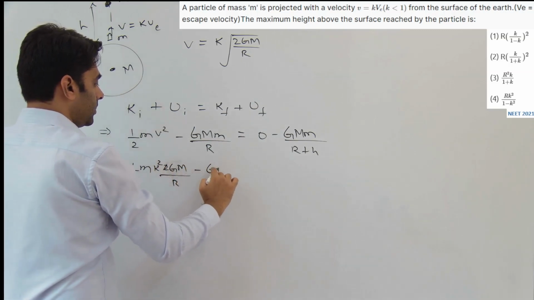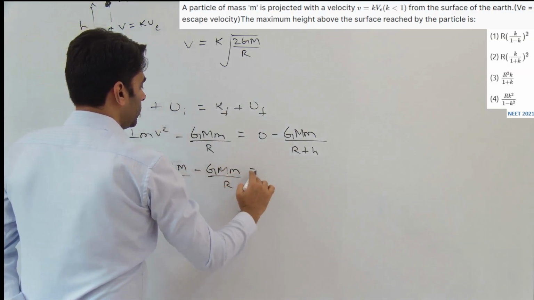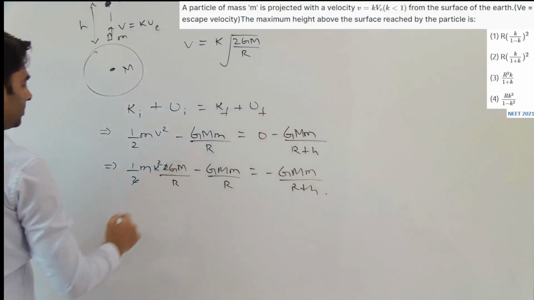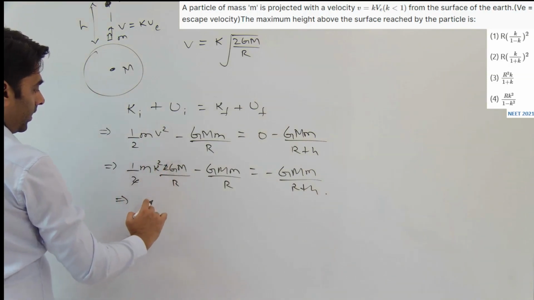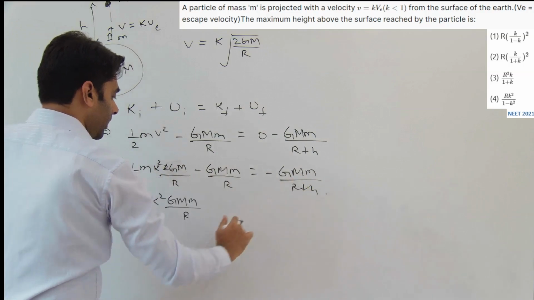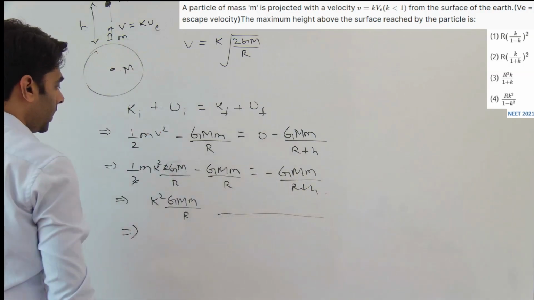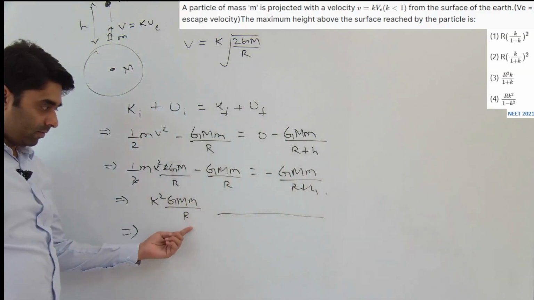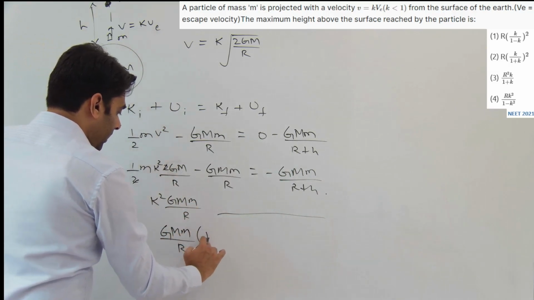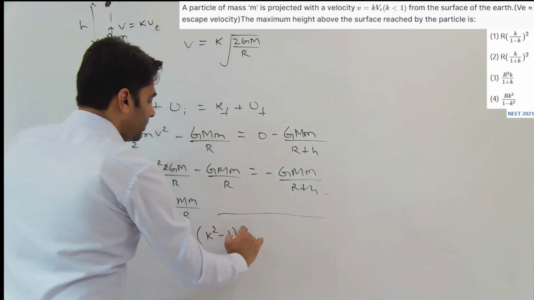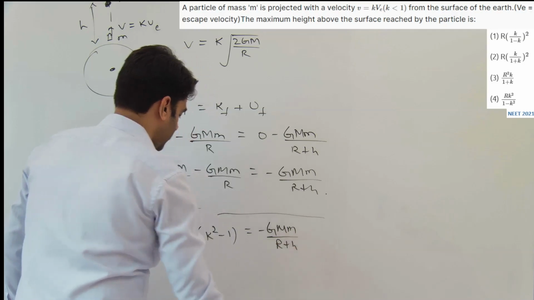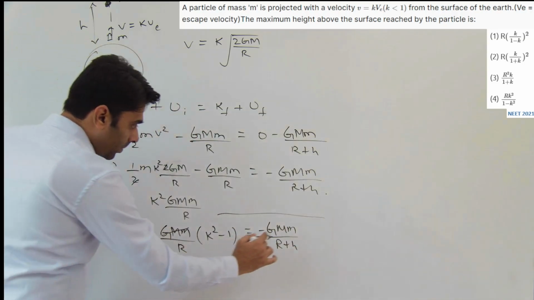So half m v square minus GMm by R is equal to minus GMm by R plus h. Fine, let us simplify this. Over here I am getting k square GMm by R. Next, we can take GMm by R common, so we are left with k square minus 1 is equal to minus R by R plus h.